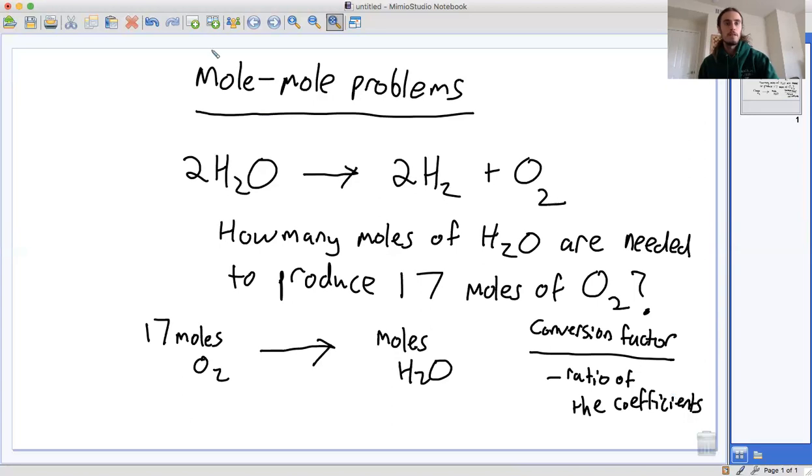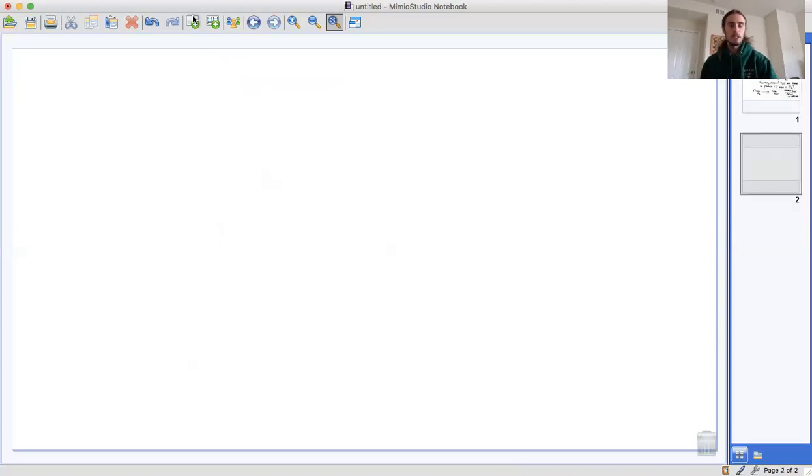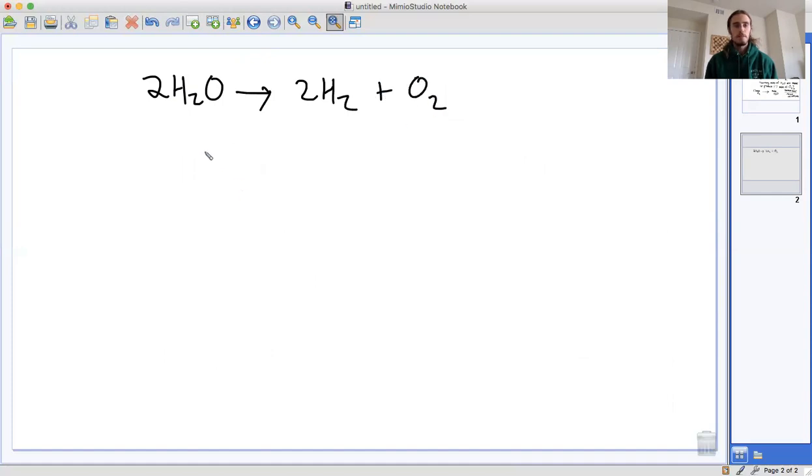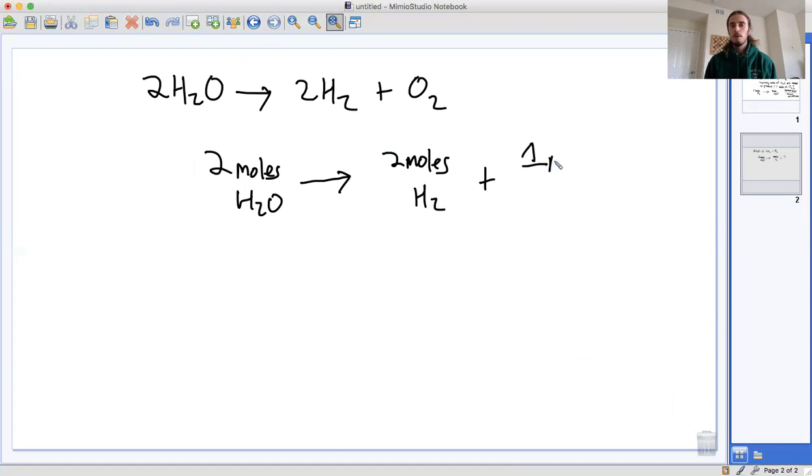If I look at the balanced chemical equation, the coefficients in that equation are telling me that 2 moles of water make 2 moles of H2 plus 1 mole of O2.